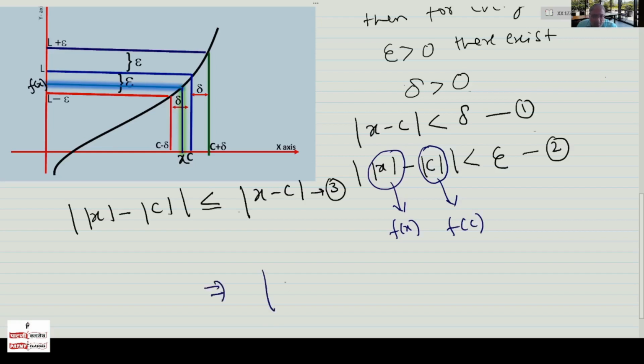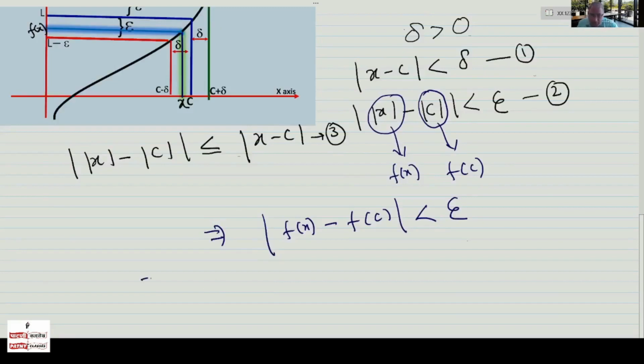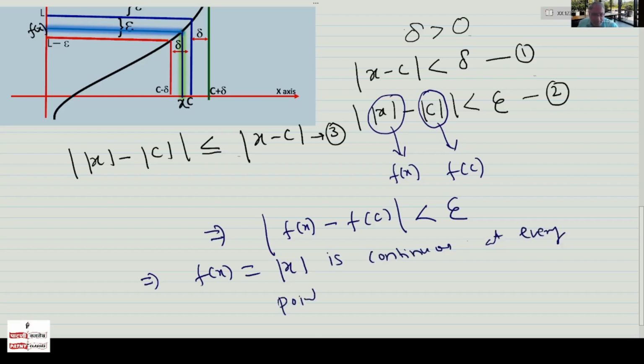This implies modulus of f of x minus f of c is less than epsilon, which implies f of x equals modulus x is continuous at every point c belonging to R. Hence f of x equals modulus x is a continuous function.